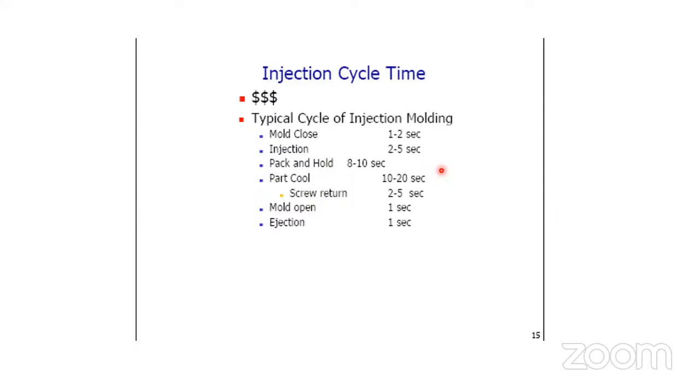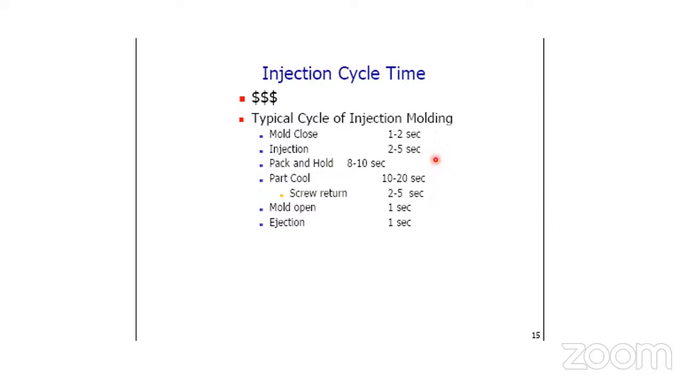Therefore, size, thickness, and cooling temperature, all the parameters affect the cycle time. But if anybody asks you about the curing time or hardening time, it is a maximum of 10 to 20 seconds. It's a miracle, friend.